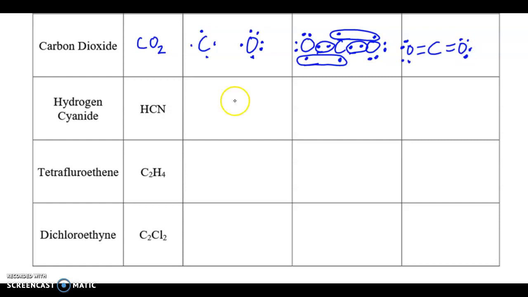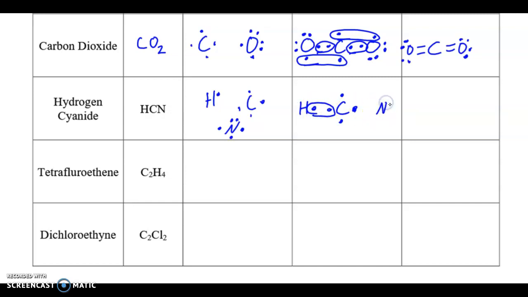All right, hydrogen cyanide. So we'll draw the Lewis dot diagrams. All right, carbon can make the most bonds. We'll make it the central atom. Hydrogen can do 1, so we'll single bond that.